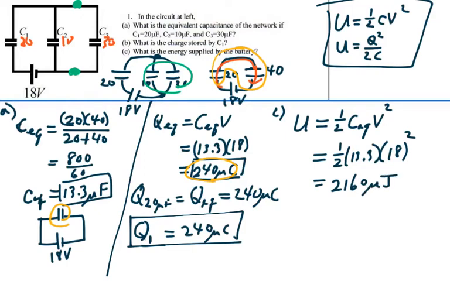We still have the micro in there. Or we could write that as 2.16 millijoules. So the energy stored by the whole circuit is 2.16 millijoules. That must come from the battery. So that is indeed the energy supplied by the battery, 2.16 millijoules.